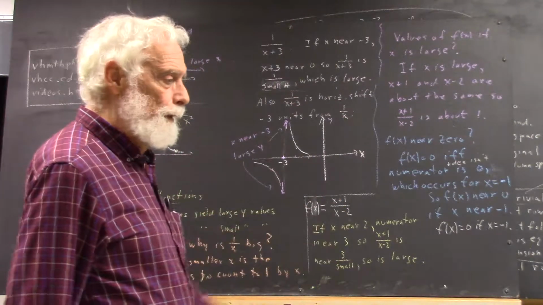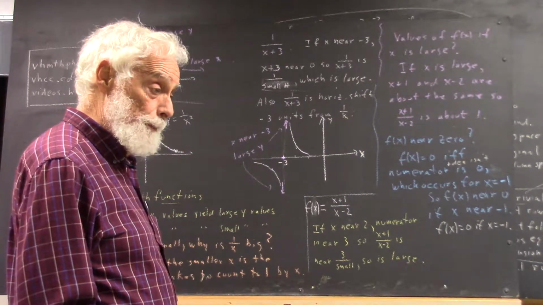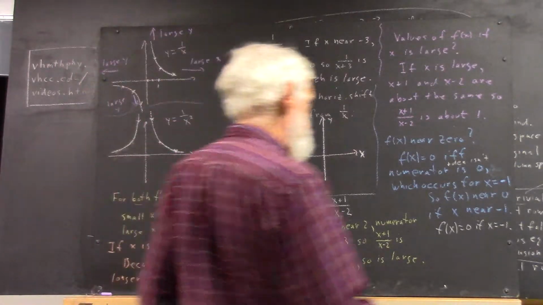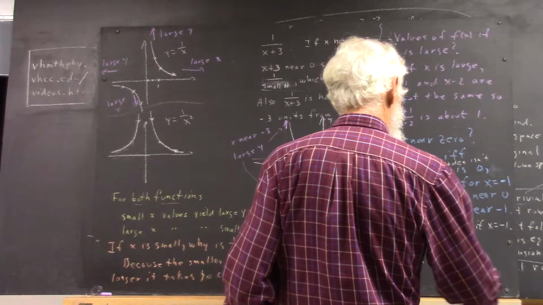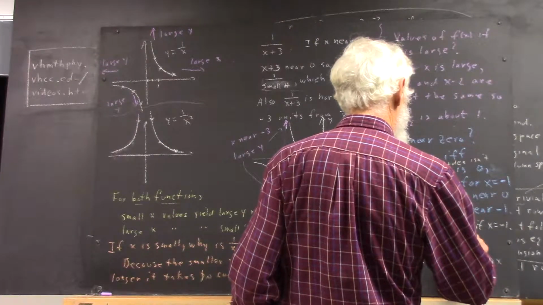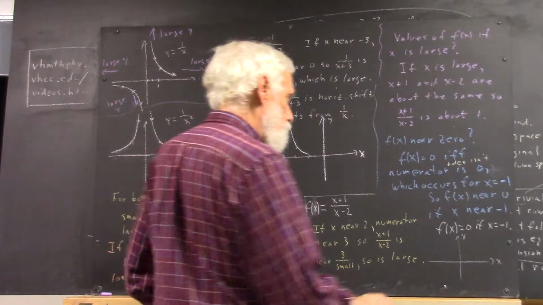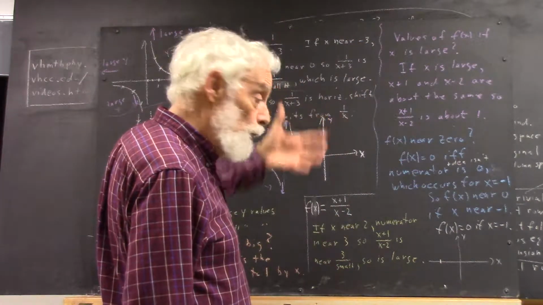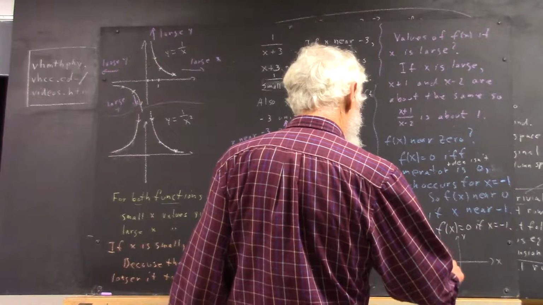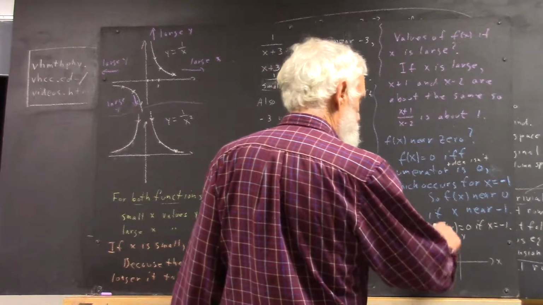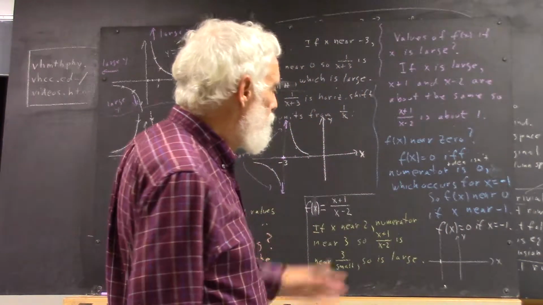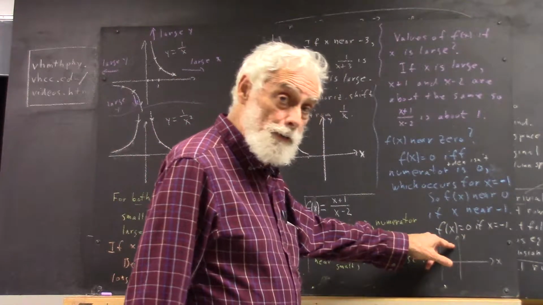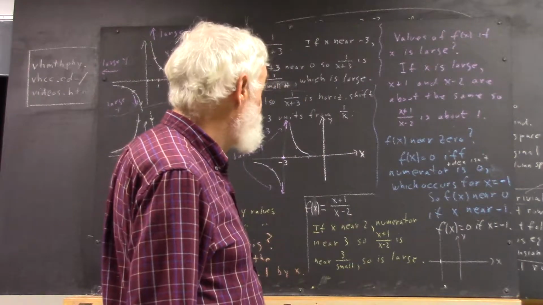Now, what does all this tell us about the graph of this function? If this is the x-axis and this is the y-axis, over here when x is -3, that's where these values blow up. So you're going to have a vertical asymptote here, with negative values on this side and positive on this side by what we've already said.